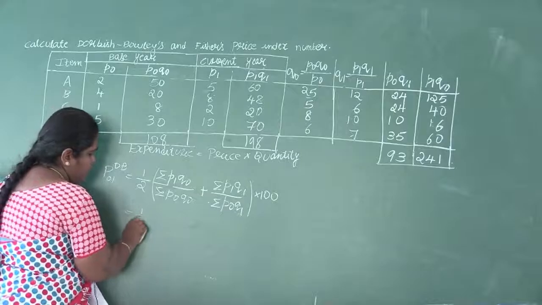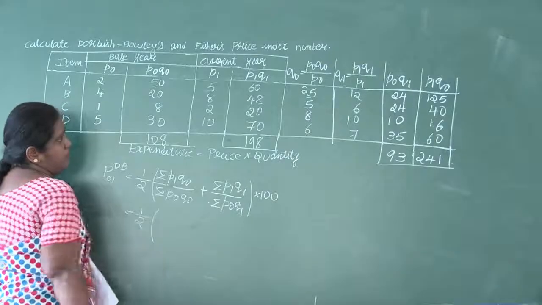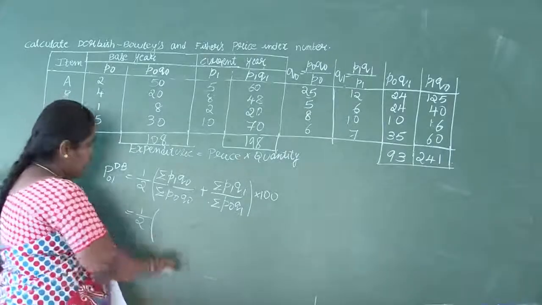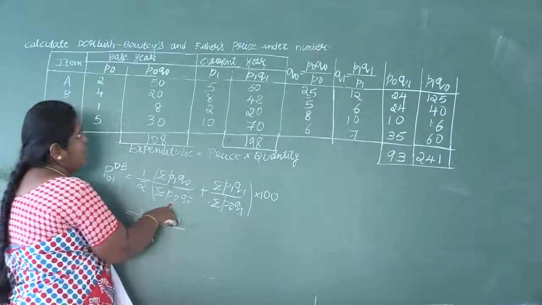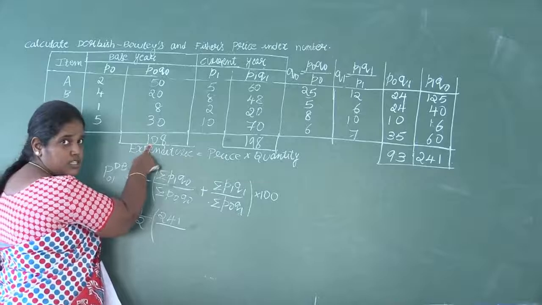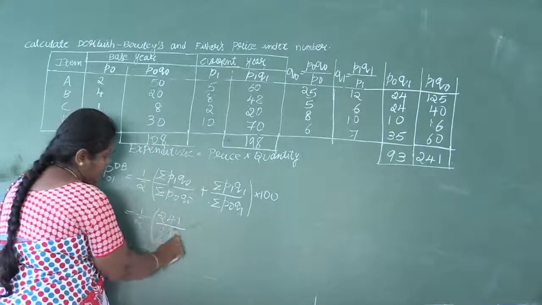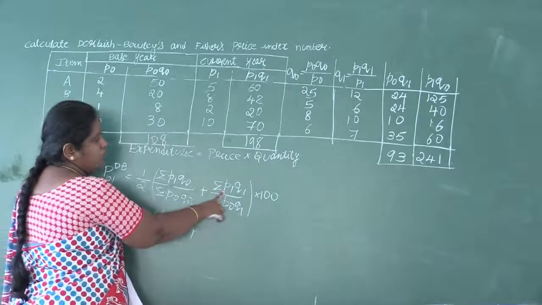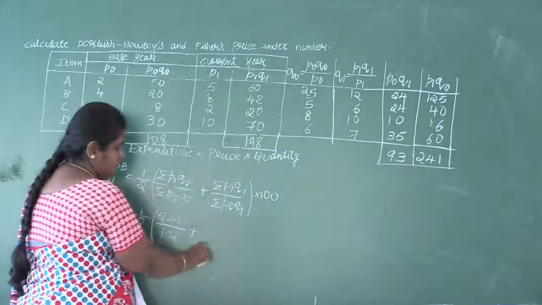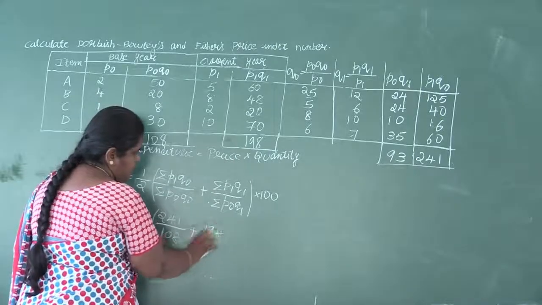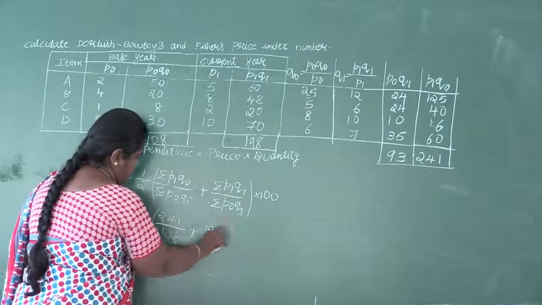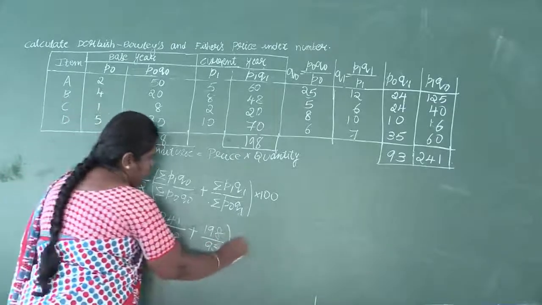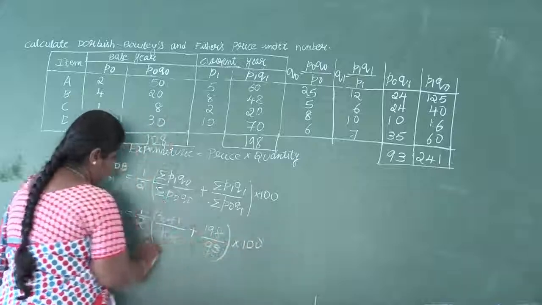So it is 1 by 2 into sigma P1 Q0, which is 241, divided by sigma P0 Q0, which is 108, plus sigma P1 Q1, which is 198, divided by sigma P0 Q1, which is 93, into 100 as it is.